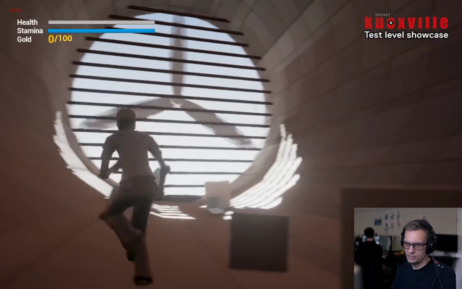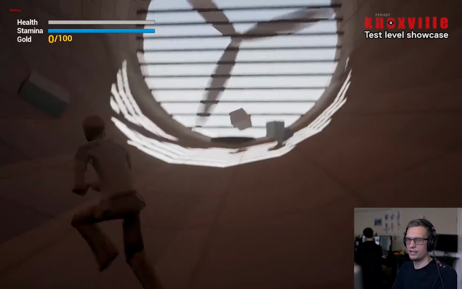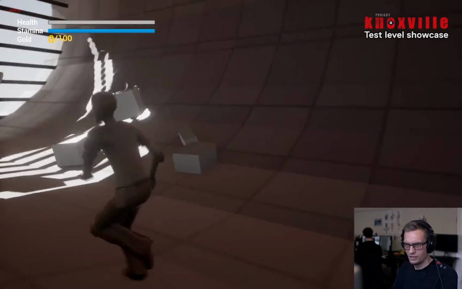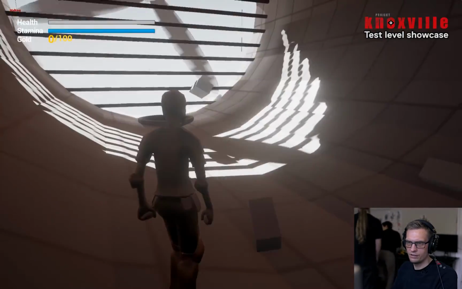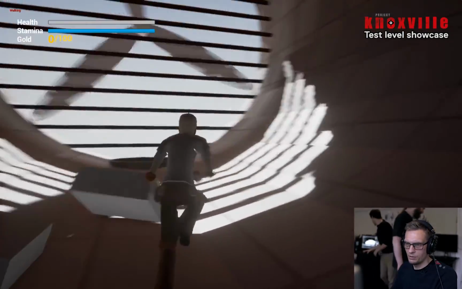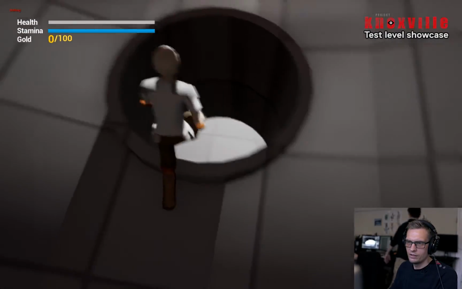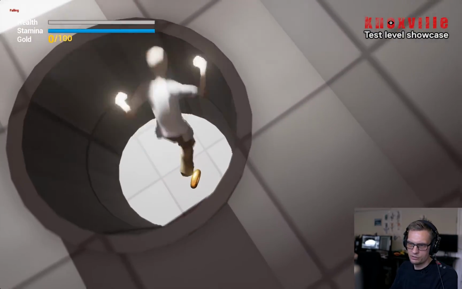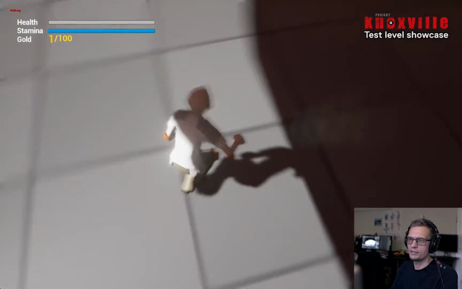I have just made these boxes move along, just to give you an idea that there really is heavy wind blowing here. I'm trying to move up against the wind here, and yeah, there are some pickups down there, and I'll just jump through here and collect one.